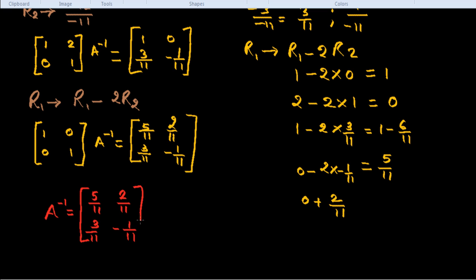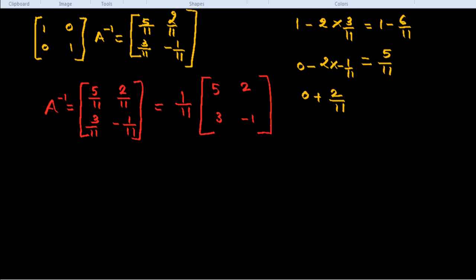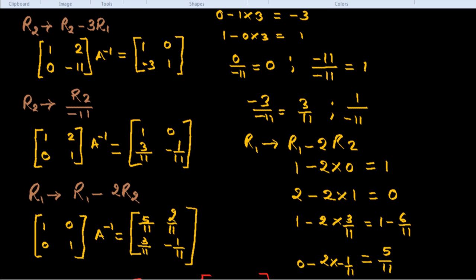This is the A inverse. Or we could also write it this way, taking 1 over 11 outside as common, with 5, 2, 3, minus 1 inside. So this is the inverse of matrix A. In this way we can find the inverse of a 2 by 2 matrix.